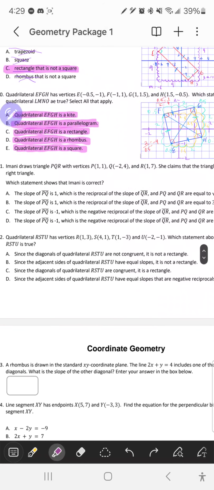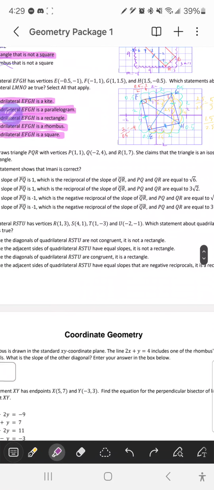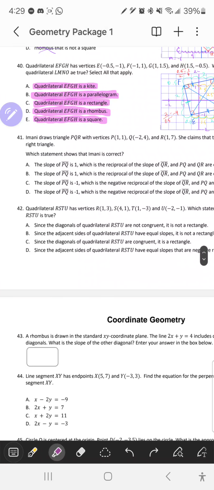41. Imani draws triangle PQR with vertices. She claims that the triangle is an isosceles triangle.